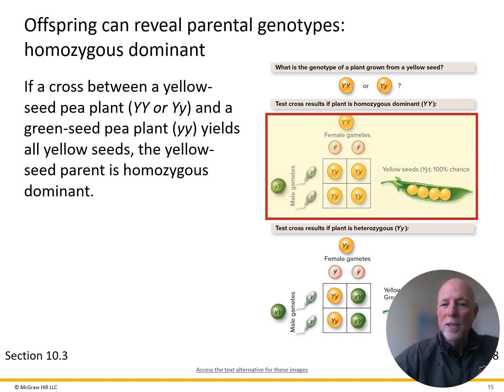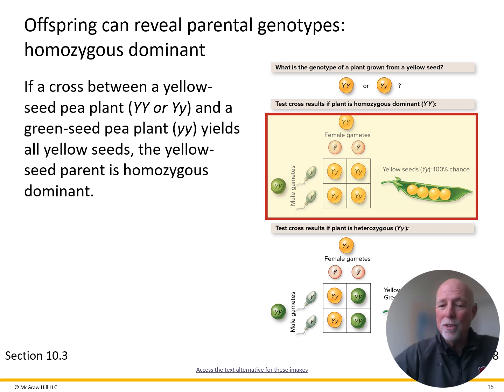Notice these are gametes, one gene per trait. These are offspring, two genes per trait. Can you see that every single offspring is going to have the dominant color? They're going to have a dominant gene in their genome, therefore they're going to have the dominant color in their phenotype. 100% will have yellow seeds.